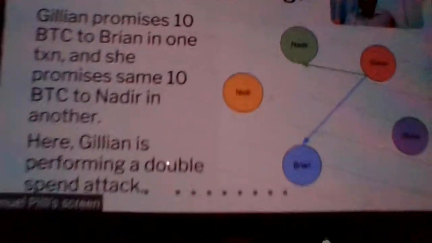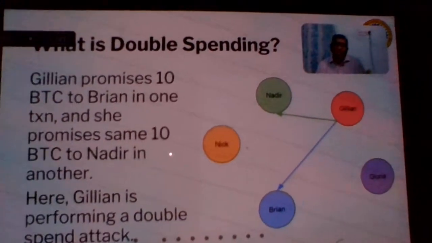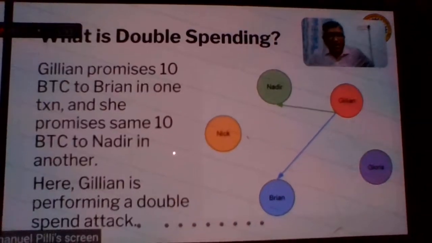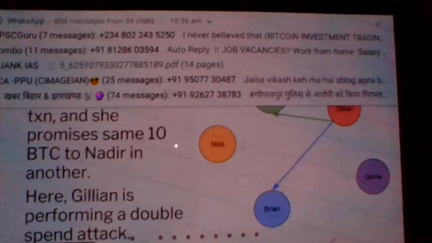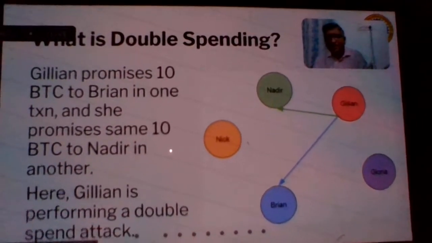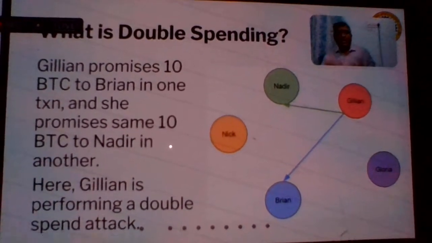A double spending attack is not possible, but unfortunately, some seller is very proactive before the transactions are confirmed. If he wants to give away his product, and mostly the products are delivered, if it's a hard copy book, or a big item, or a mobile phone, it may take some time.